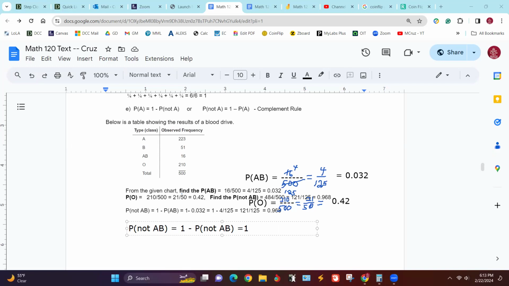So that's 1 minus. So what was, I'm sorry, not A, it's probability of AB. There we go. So the probability of not AB is equal to 1 minus the probability of AB. What was the probability of AB? Well, it was 0.032.